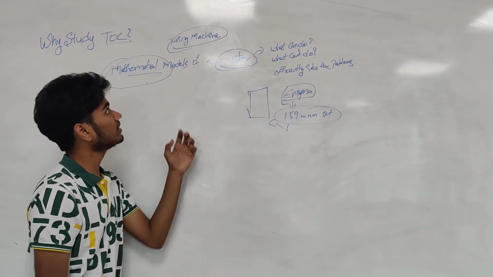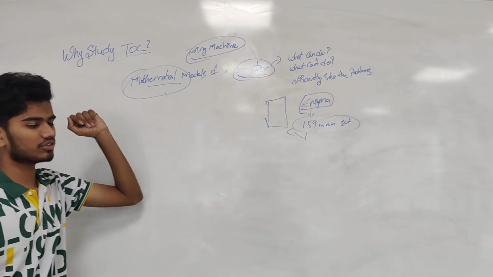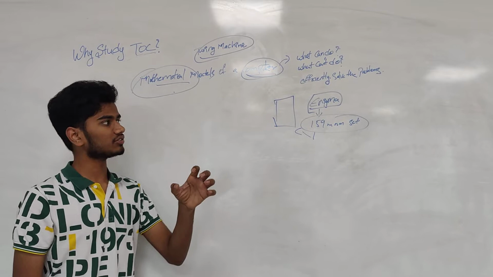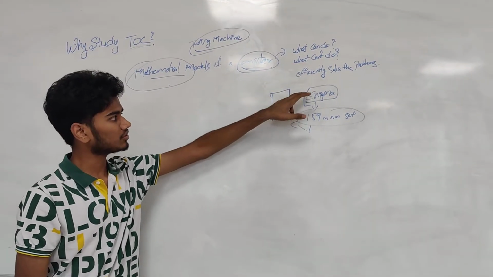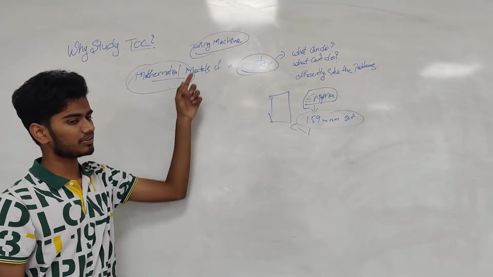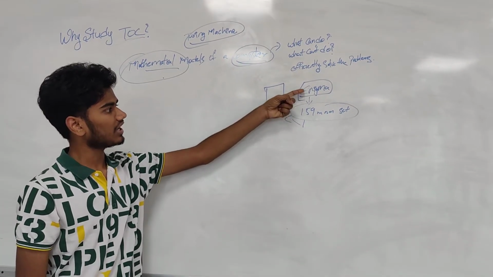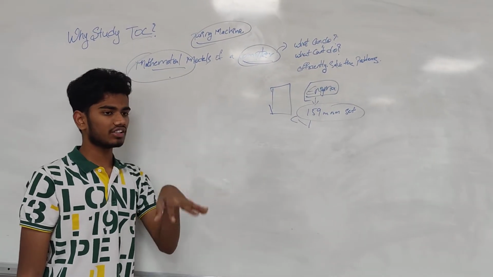So what Alan Turing did: the messages were coming from the Enigma, so we have to create a machine which decodes the messages sent from the Enigma. That is the whole thing.